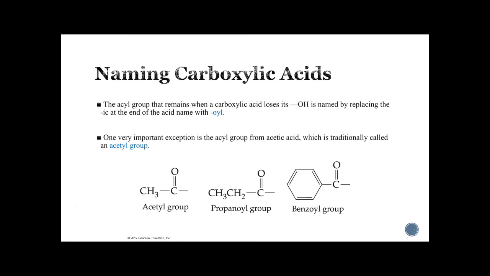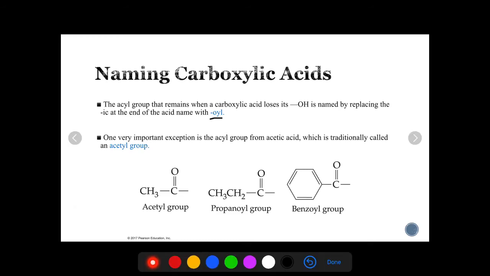So when the carboxylic acid loses the hydroxyl group, the OH group, we name it by replacing ic with OYL. So this would have been propanoic acid if we had the OH there, but when that OH gets removed, we take ic off and add OYL, so propanoyl group.